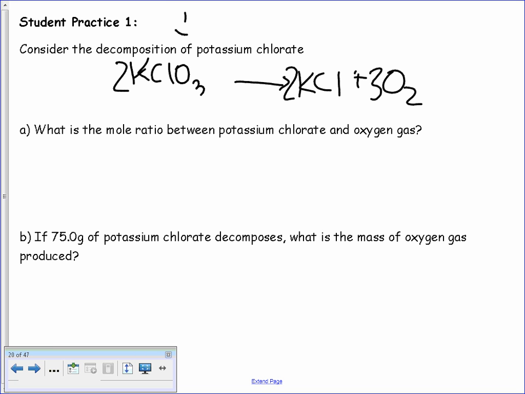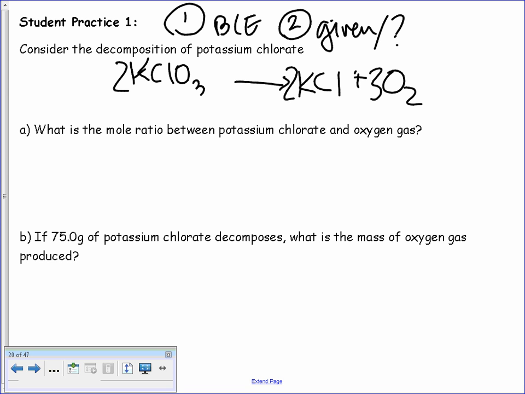All right, so step 1, read. I'm not writing that. Step 1, BCE. Step 2, givens and unknowns. And then we would start, right? This one right here is just like a pre-question. So tell me what the ratio between potassium chlorate and oxygen is. So 2 of these to 3 of these.